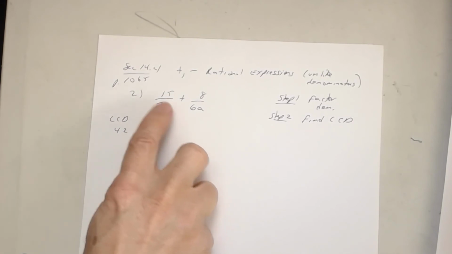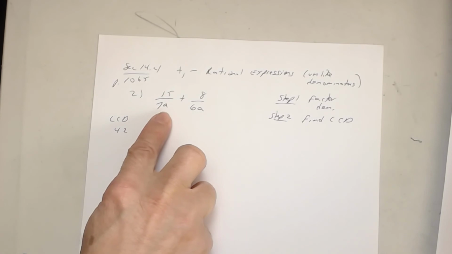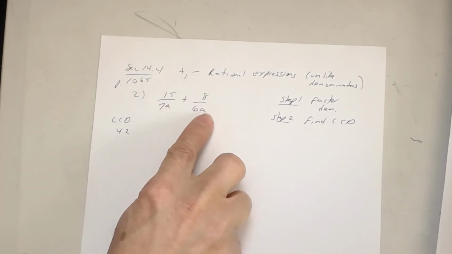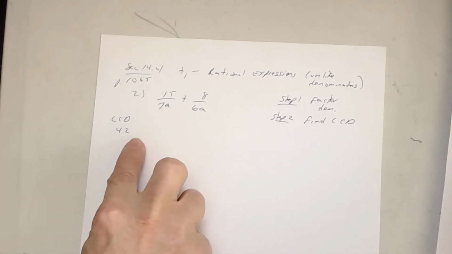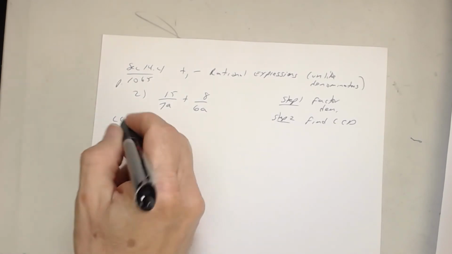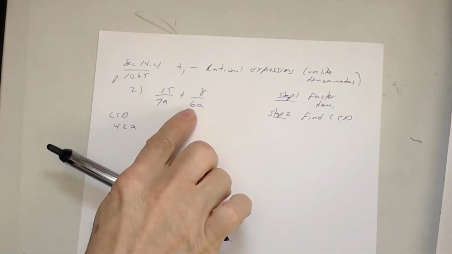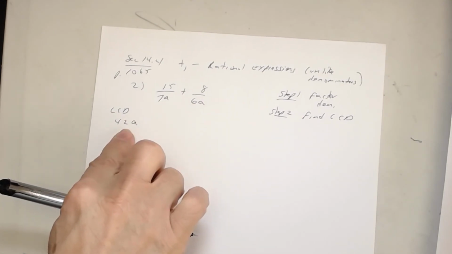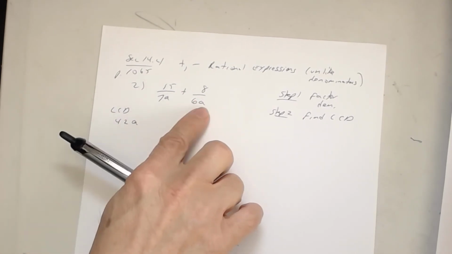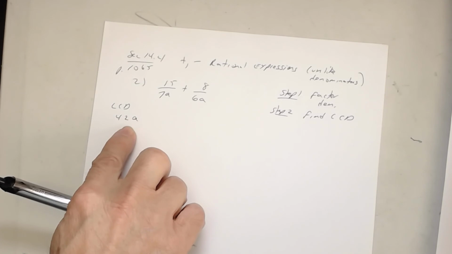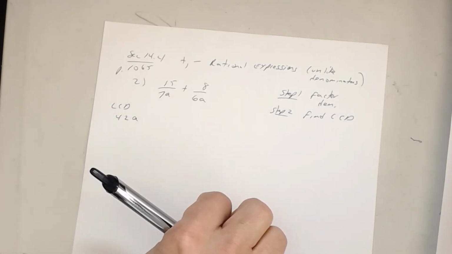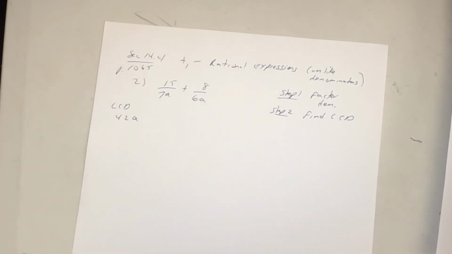How many do I have here? 1. How many do I have here? 1. So how many do I need? 1. So I need an a. My next factor I see is a 6. Does 6 go into 42? Yes. My next factor is an a. Does a go into a? So the LCD is 42a. That's your LCD.